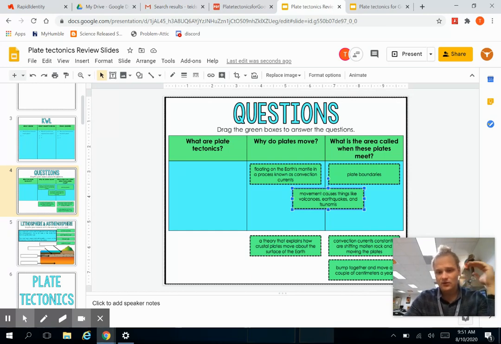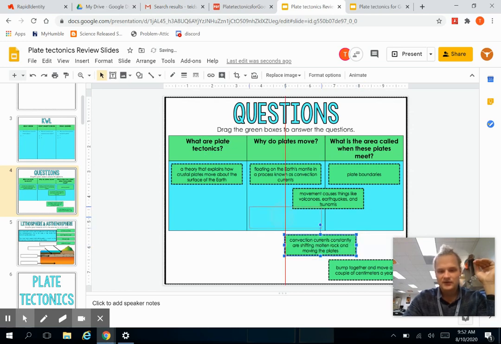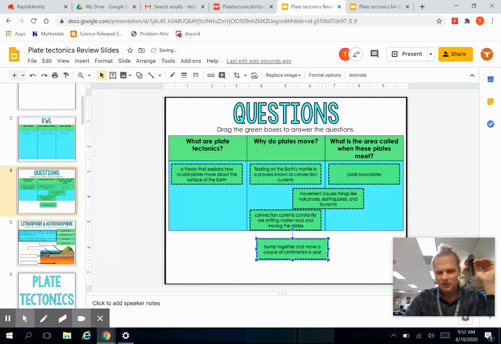A theory explains how crustal plates move about the surface of the Earth. Okay, that would be our plate tectonics. There we go. Kind of what it is. Convection currents constantly shifting. This is why they move again. And then let's see, bump together and move a couple of centimeters each year.